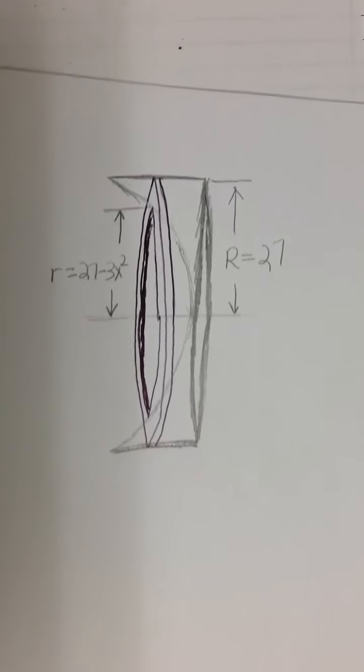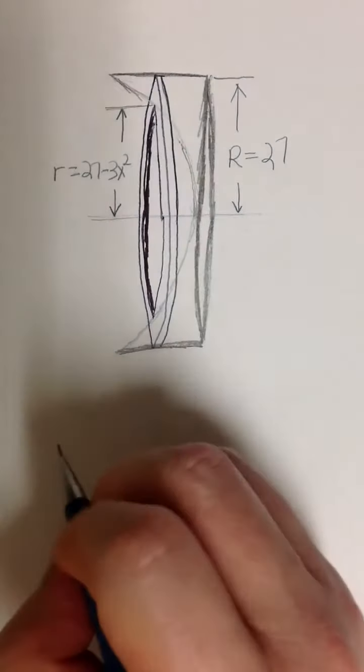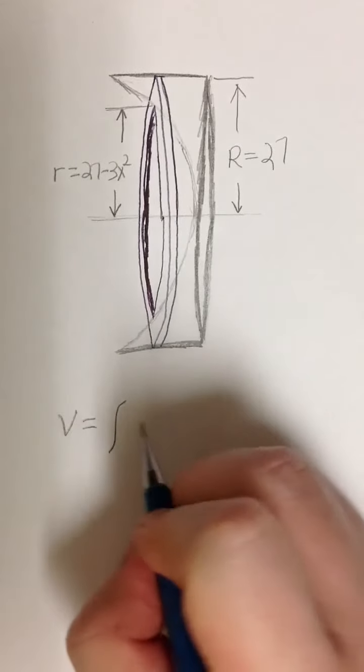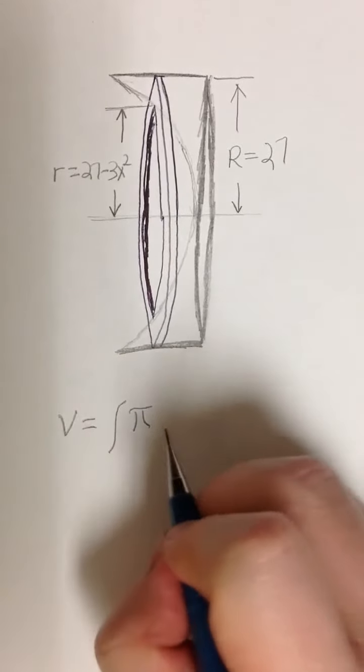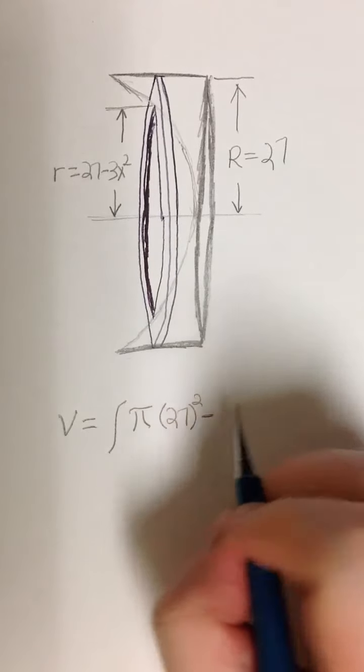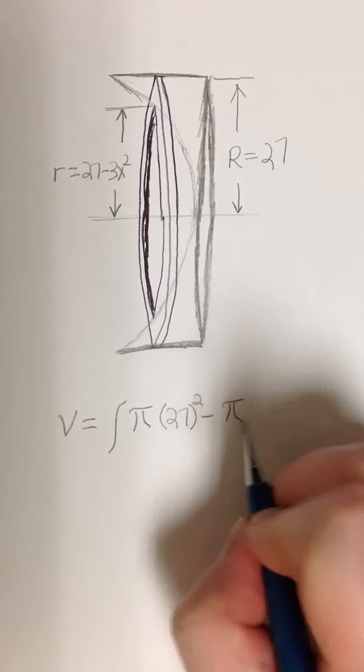And so in the case of the volume, we have again that V is pi times the square of the outside radius minus pi times the square of the inside radius.